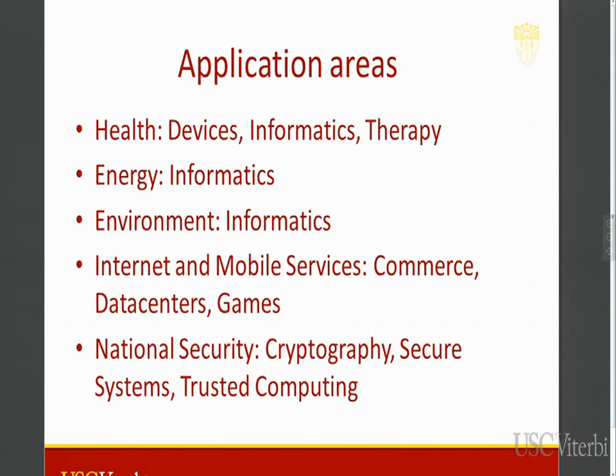Certainly, many of you will be familiar with commerce, data centers, and games as connected to computer science. And of course, you'll be familiar with secure systems, trusted computing, and security issues as they pertain to the intersection of privacy, law, and other disciplines, and their intersection with computing.